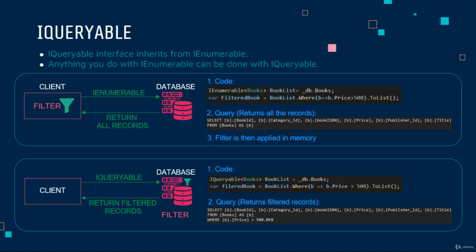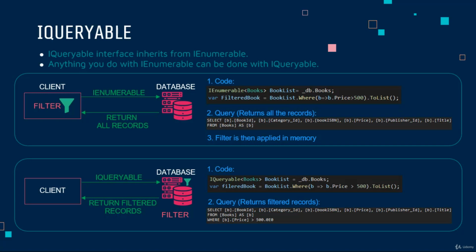If you use IQueryable on the other side, the query will be passed to the database, but within the query, it will already filter the data. So what is returned from the database is actually filtered records and not all the records. That way you will see the advantage IQueryable brings over IEnumerable.